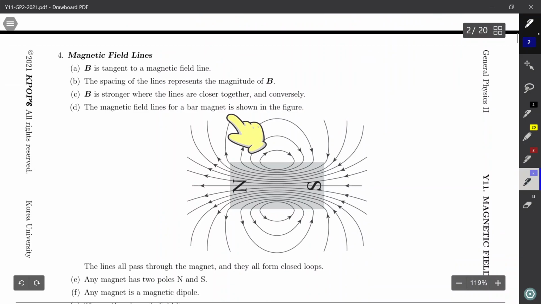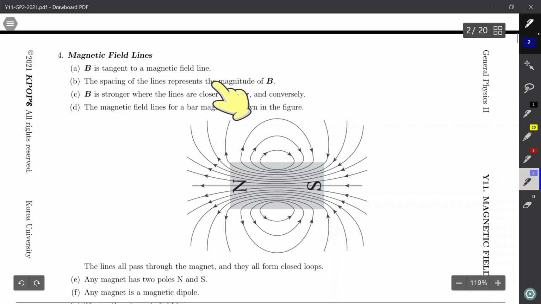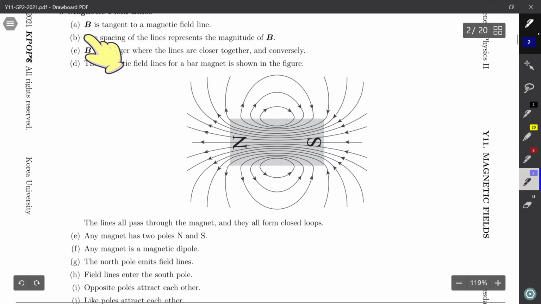Let's consider magnetic field lines. B is tangent to the magnetic field line. It is exactly the same as the electric field line. An electric field line is a continuous curve, and at any point the tangent represents the direction of the field.